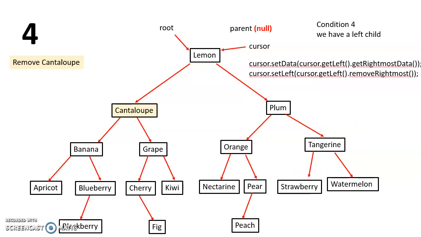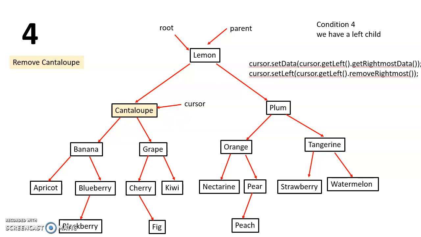This last condition that we haven't gotten to yet is we want to remove cantaloupe. Cantaloupe is not cursor get data, so the parent becomes cursor. Cursor moves to the left, and boom, now we found what we're looking for. So we will revisit these four conditions in a moment.